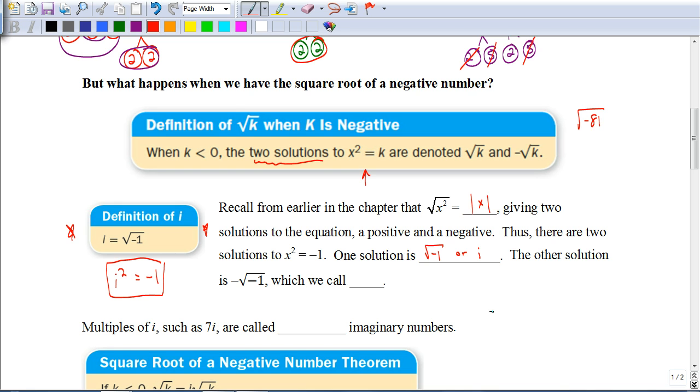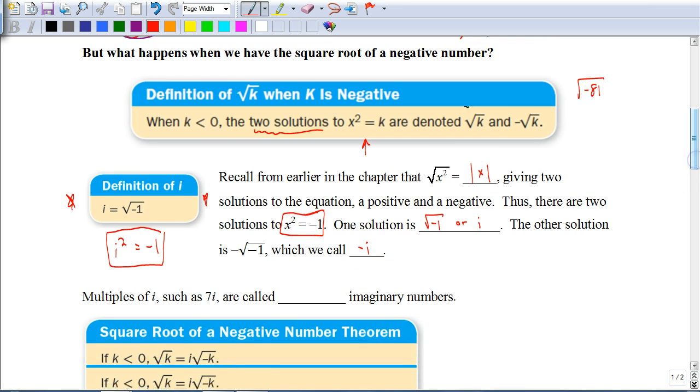The other solution is going to be a negative square root of negative 1, or the opposite square root of negative 1, which we call negative i. So there's going to be two solutions when we're solving these equations, a positive and negative solution. That's what they're getting at in this box, but tying it into imaginary numbers, we'll have possibly an i or a negative i.